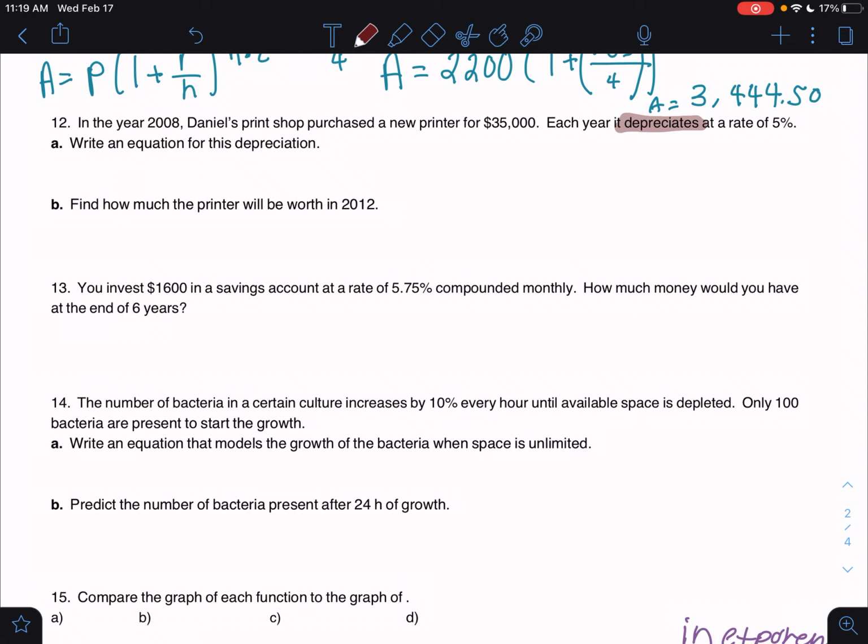So we will have y equals 35,000 is our starting point, 1 minus, because it's depreciating, and then we have our rate, to the x, or to the t, whichever one you want to put.